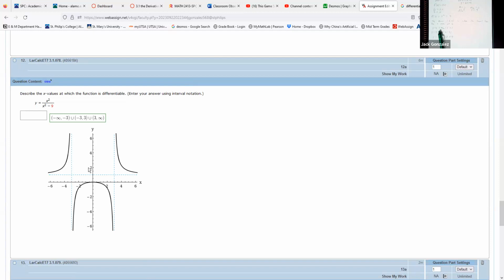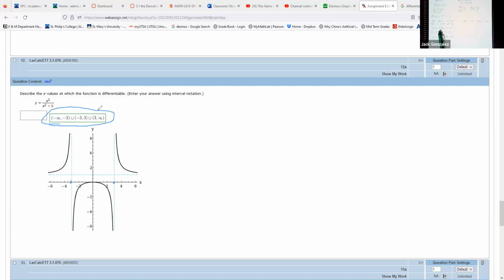We said the limit has to exist at that location, right? Does the limit exist here? Or here? No. Hence the differentiable locations are everywhere except here and here.